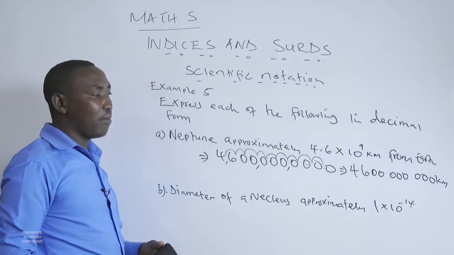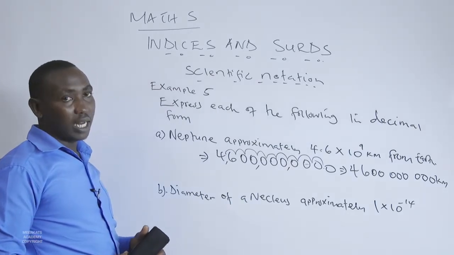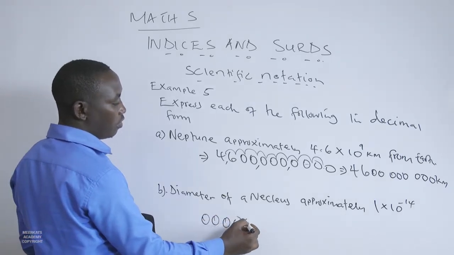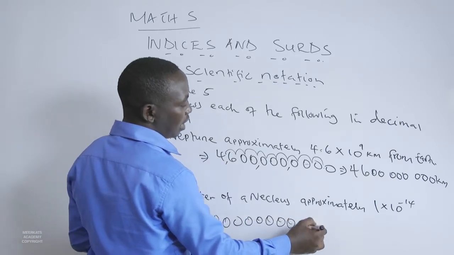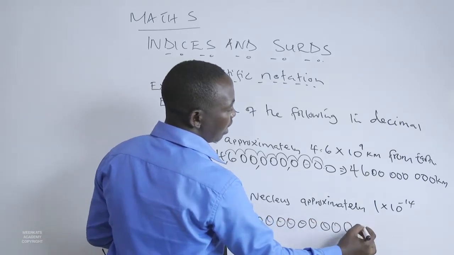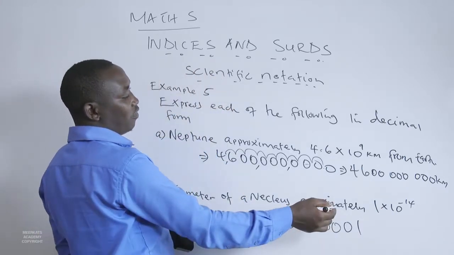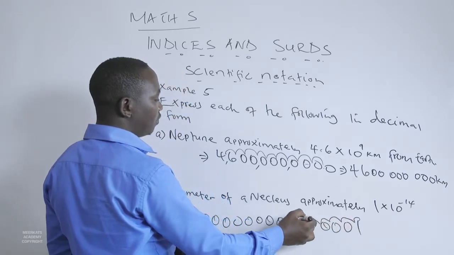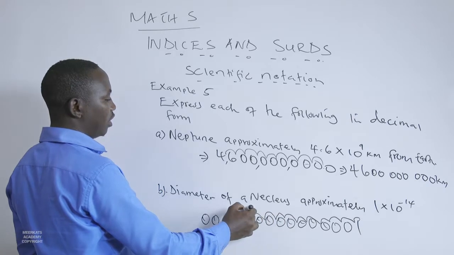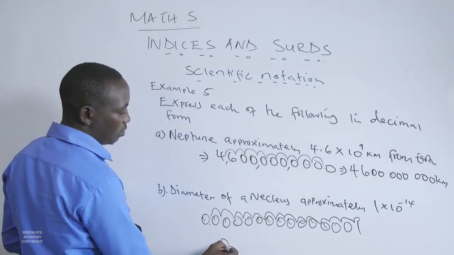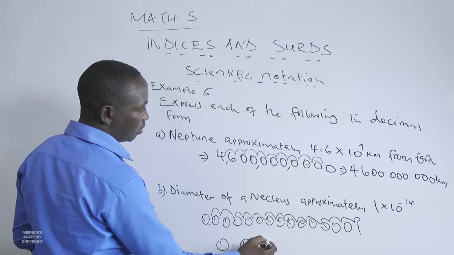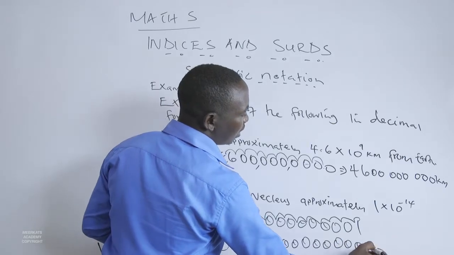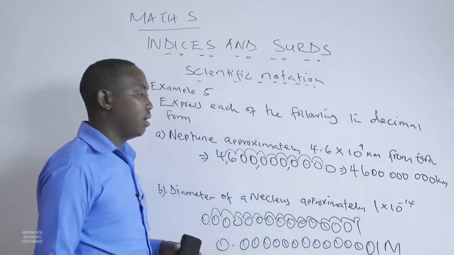Then lastly, for this diameter, which is approximately 10 raised to negative 14, that means we need 14 zeros. Because we are moving from the other side, we count 14: 1, 2, 3, up to 14, so this will be 0.00000000000001 meters.